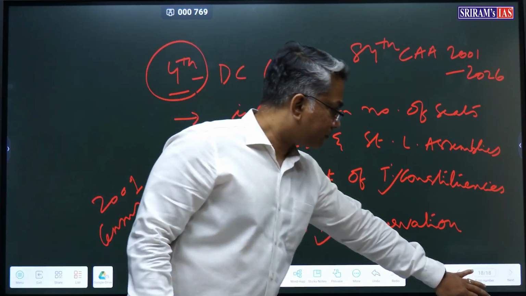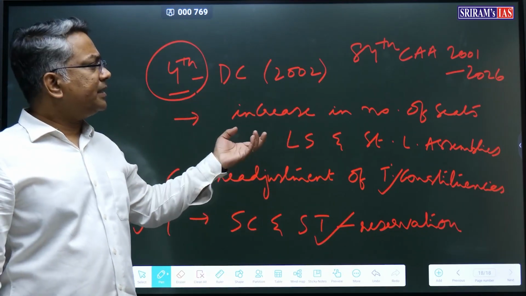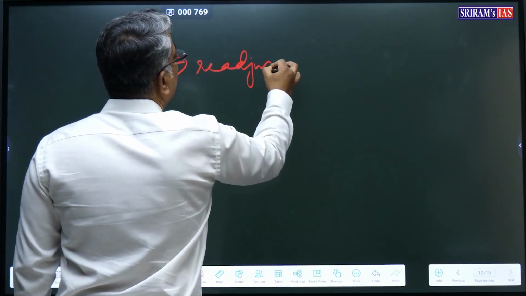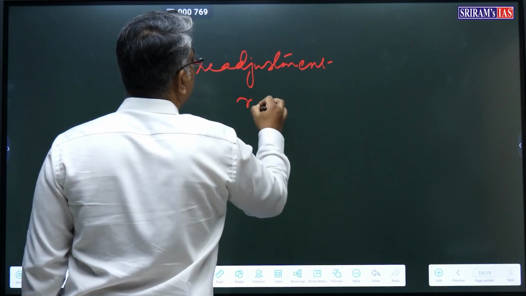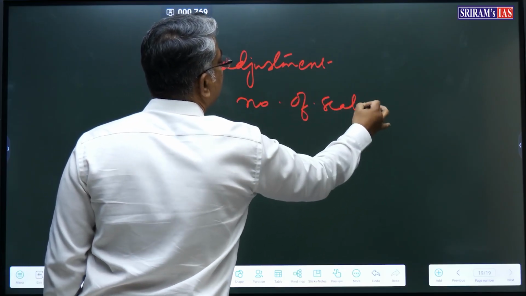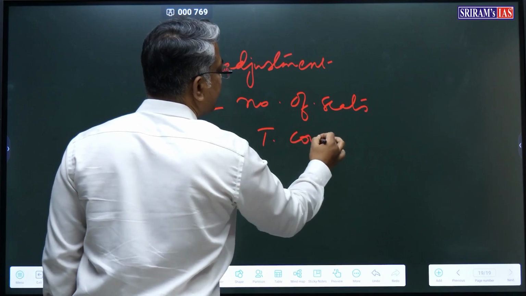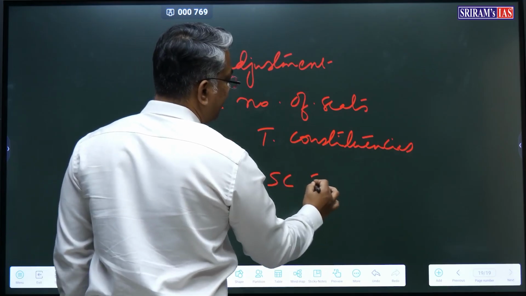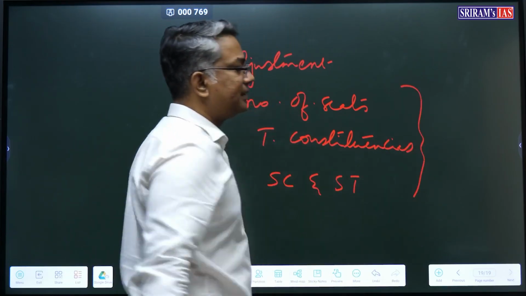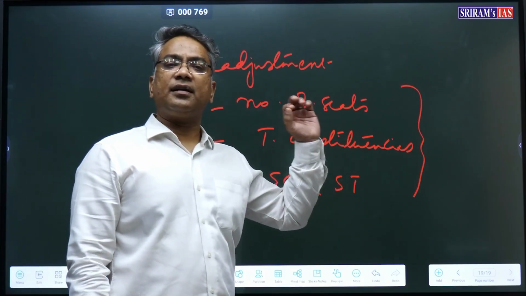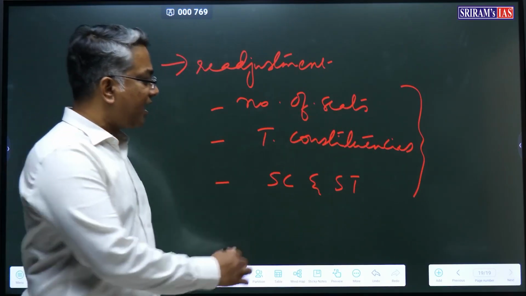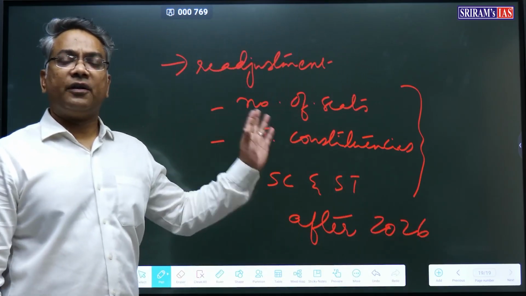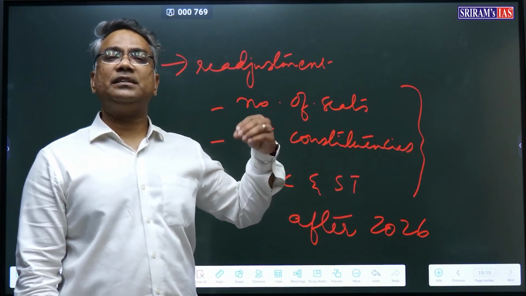So now the delimitation, or the readjustment, of both the number of seats, territorial constituencies and determination of the seats for SCs and STs will be carried out after the census, based on the first census after 2026.